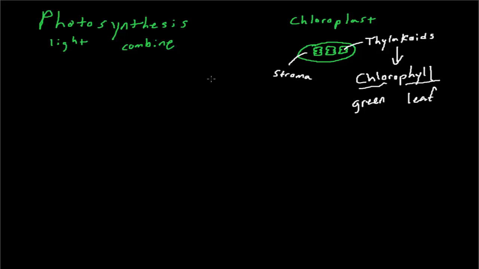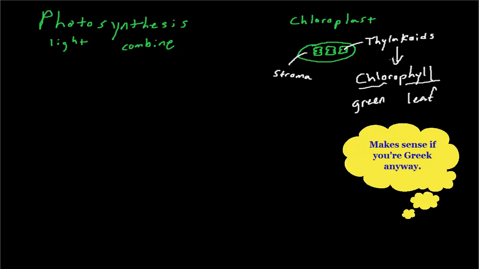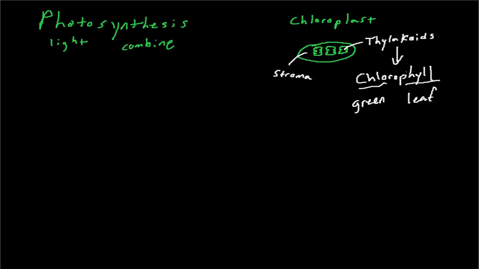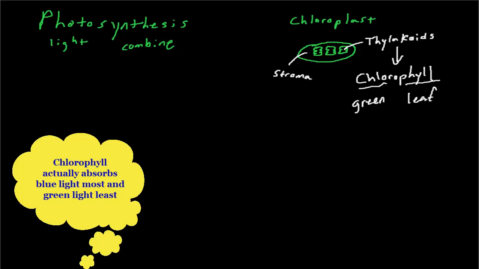Okay, makes sense. Maybe not the most original name, but hey, it makes sense, and that's what's important. All right, so what does this chlorophyll stuff do besides making things green? And I'll give you a little hint later on about why it makes things green, but, well, it all comes down to this whole little process.